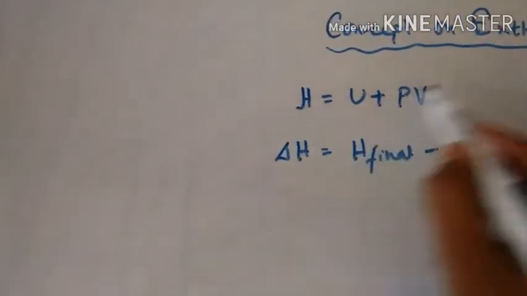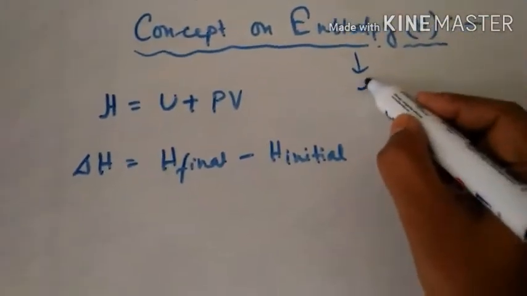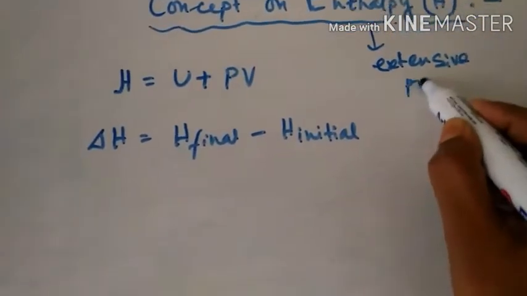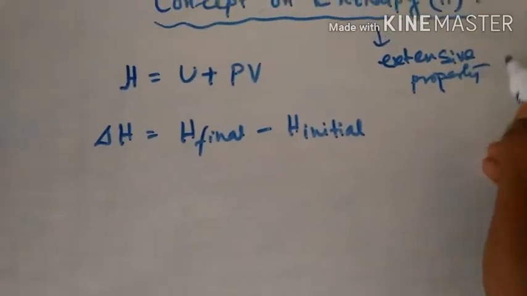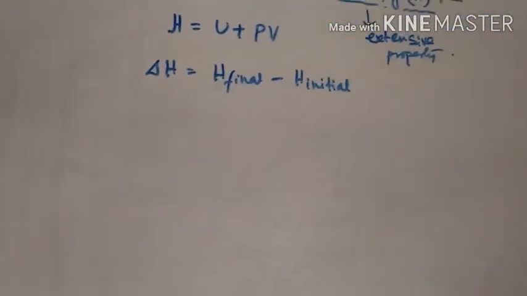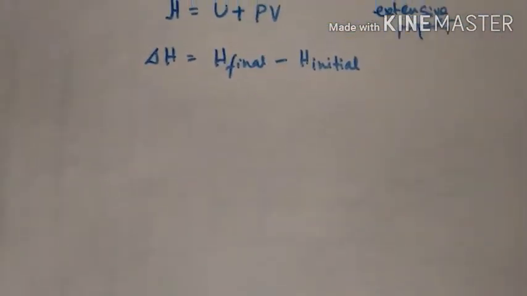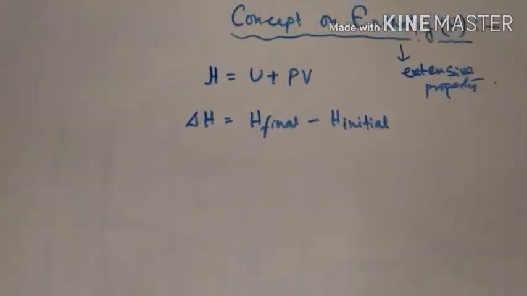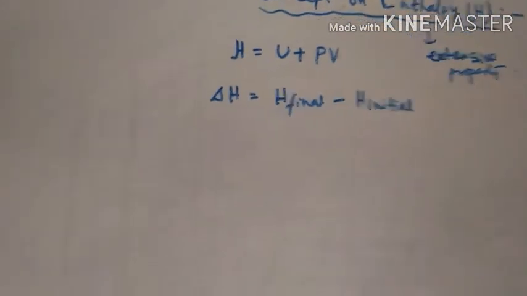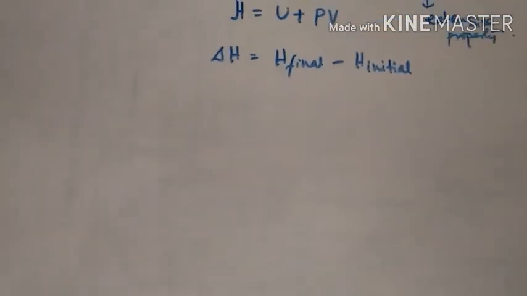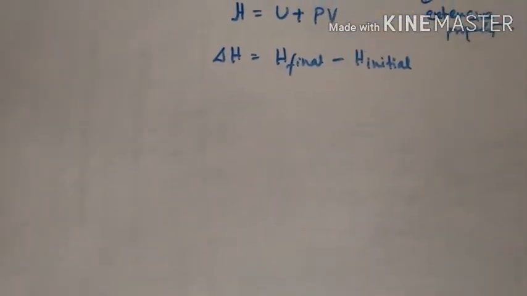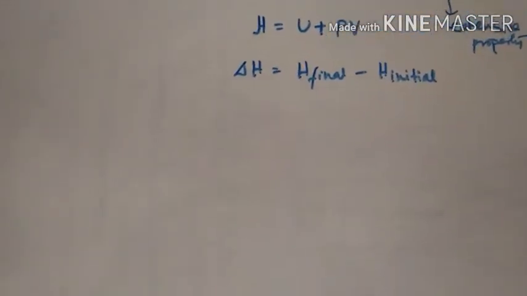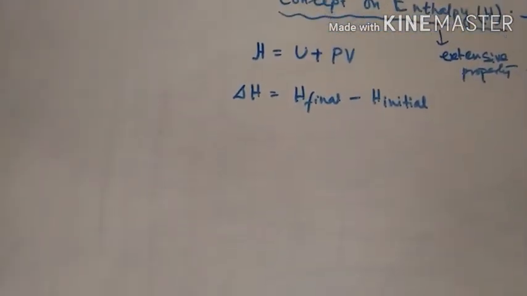Since it is an extensive property, let a chemical system have internal energy U1 and volume V1, and let it react at constant temperature and constant pressure to give another chemical system with internal energy U2 and volume V2.